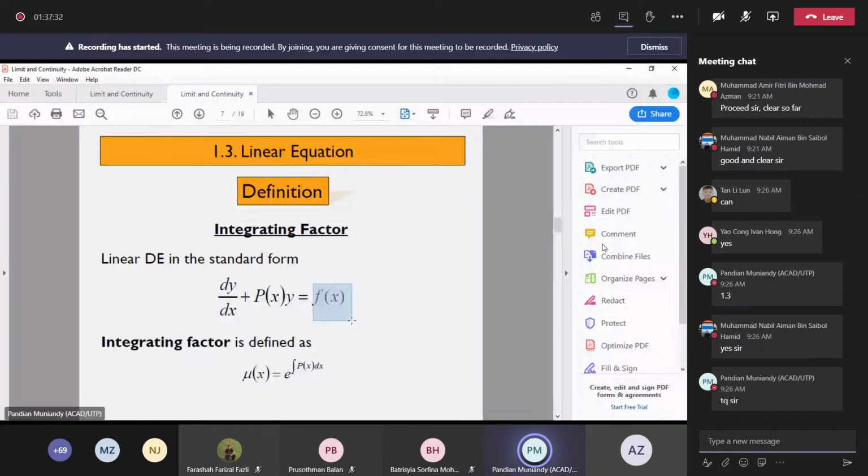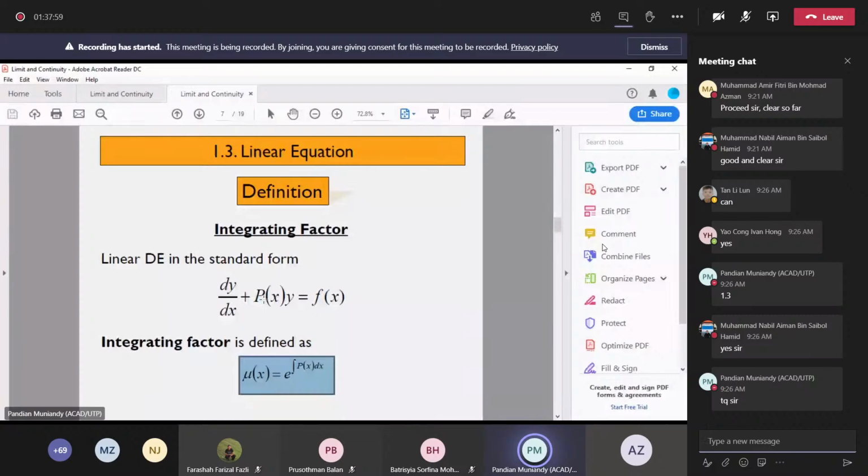So we have a limitation here. We cannot simply solve any problem using the integrating factor method. The integrating factor is mu(x), a function of x only, equal to e to the power integral of P(x) dx.